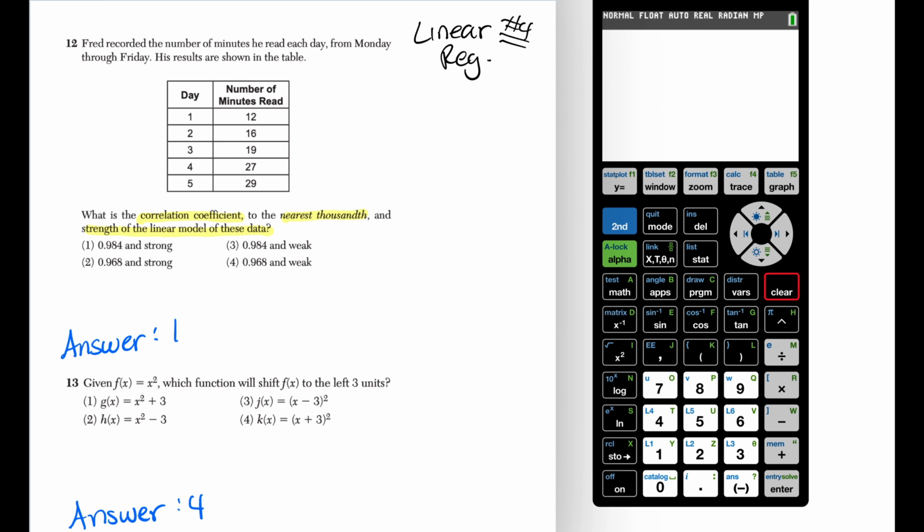So what we're going to look for is an equation that looks like y equals ax plus b when we do this on the calculator. And it's going to give me our r, which is our correlation coefficient. And that's what we want. That number is going to be close to -1, or it could be close to 1.